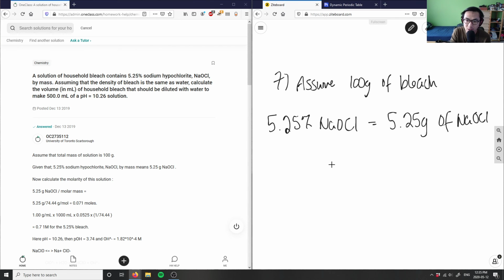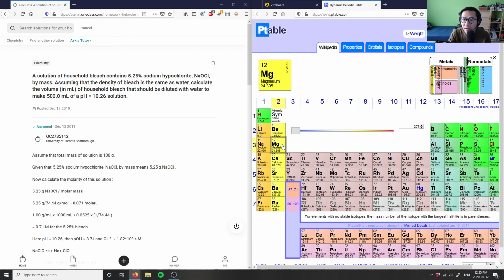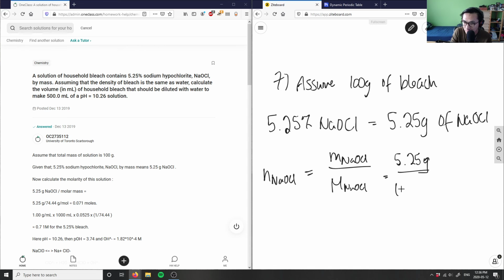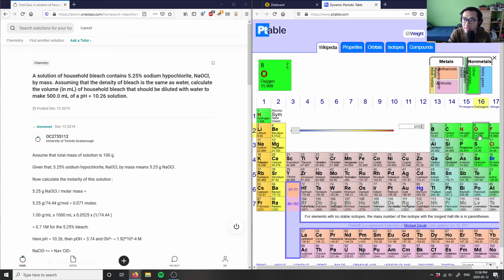The moles of NaOCl equals our mass of NaOCl divided by the molar mass of NaOCl. This is 5.25 grams divided by our molar mass. So I'm finding the molar mass here: Na is 22.99, plus O, oxygen, has an atomic mass of 15.99.